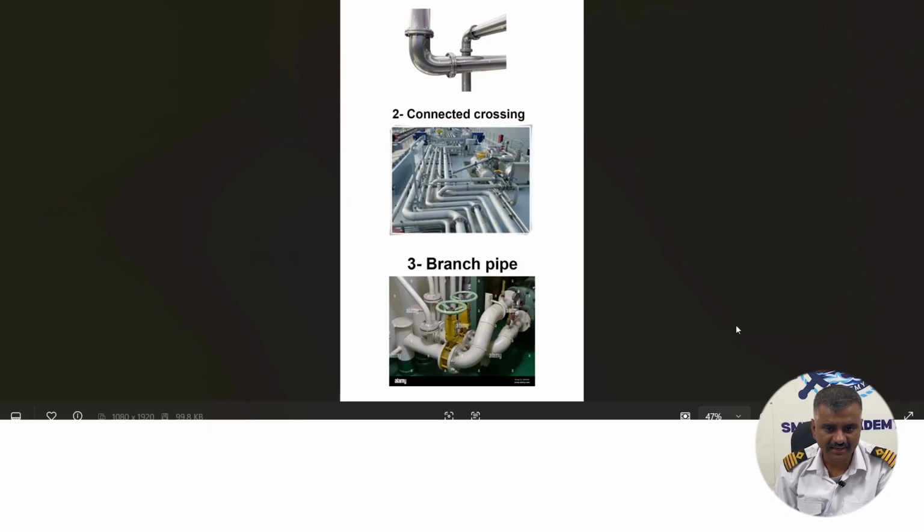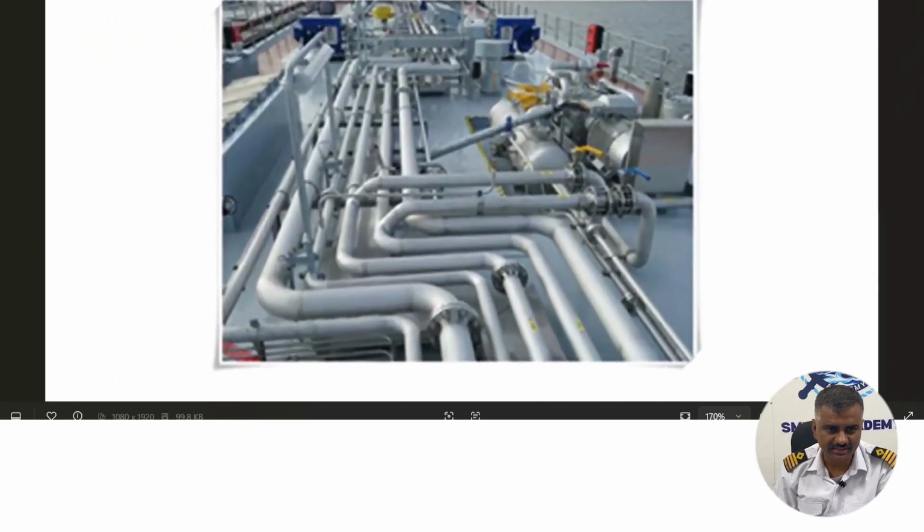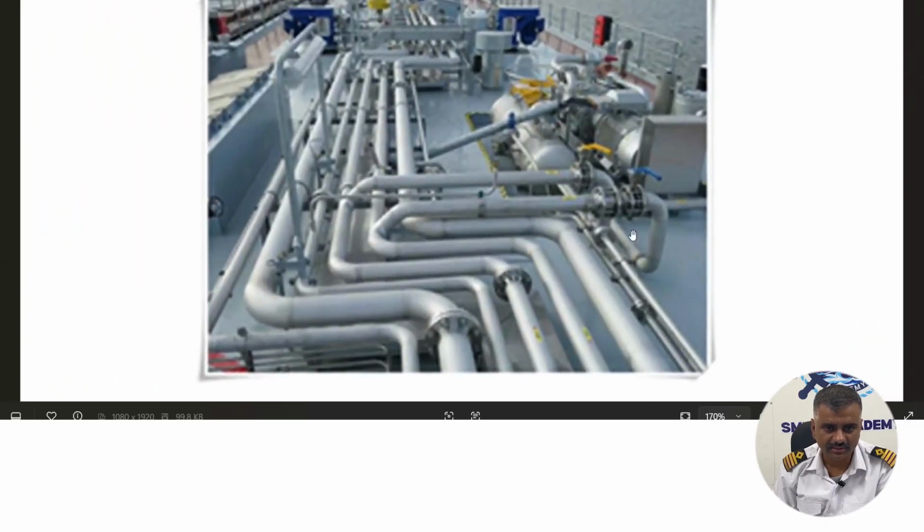The second one is connected crossing pipes. So in this one we can see connected crossing. This pipe is coming from one valve like this, and then it is connected here, and then it is crossing. It can go maybe in this direction also, but here this pipe is coming from one direction and crossing over to the other direction.